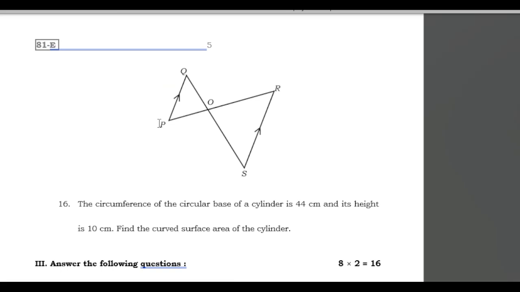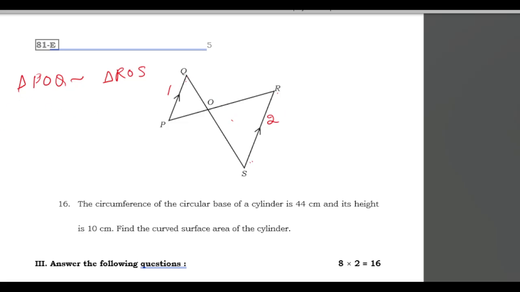Triangle POQ is similar to triangle ROS, and PQ is parallel to RS, with PQ in ratio 1 and RS in ratio 2. So we have to identify OS and OQ.